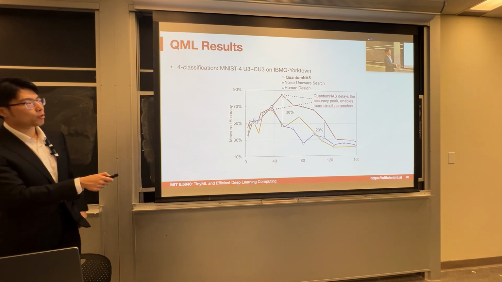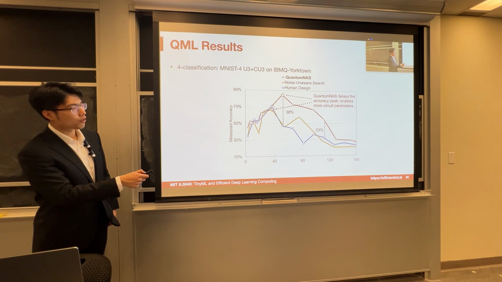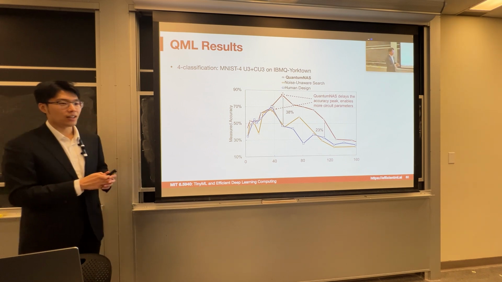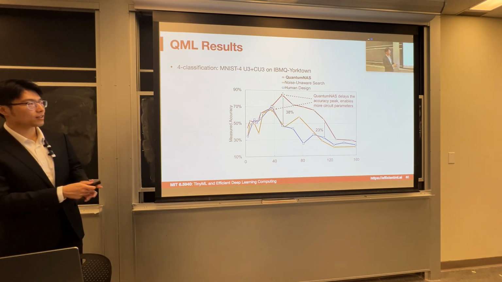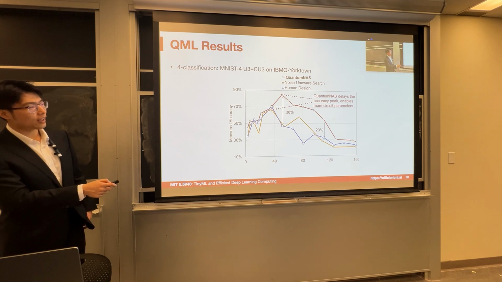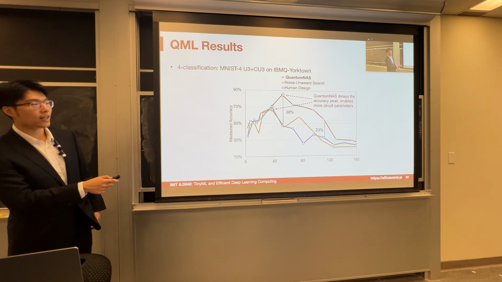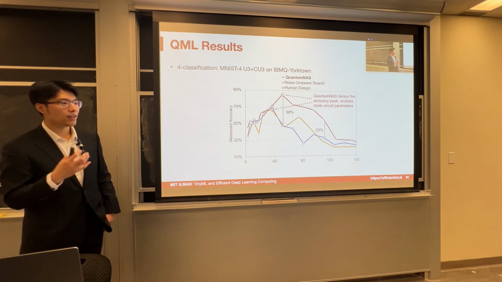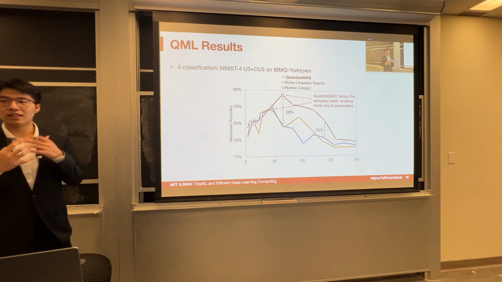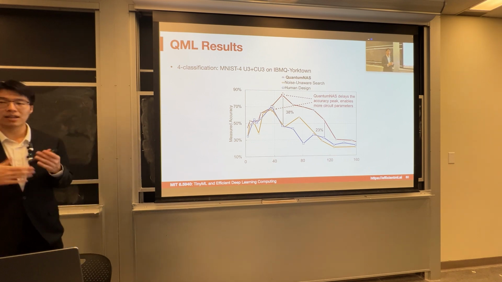But the important thing is that our searched architecture has better overall resilience to noise, because we can afford a larger number of parameters. Here we can see that the peak is much larger than the human design peak. So in that case, using our circuit, we can better utilize the available capacity of the device.